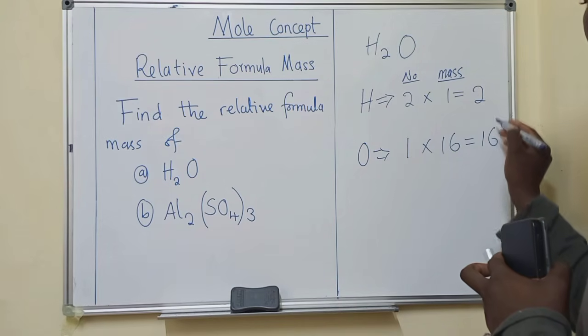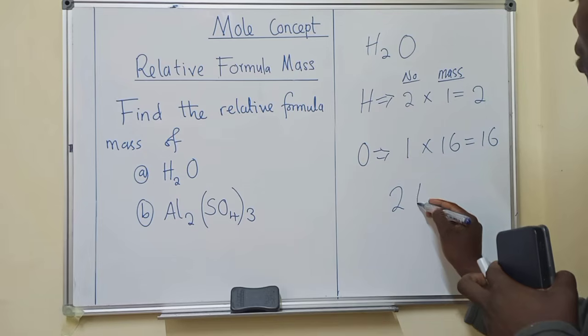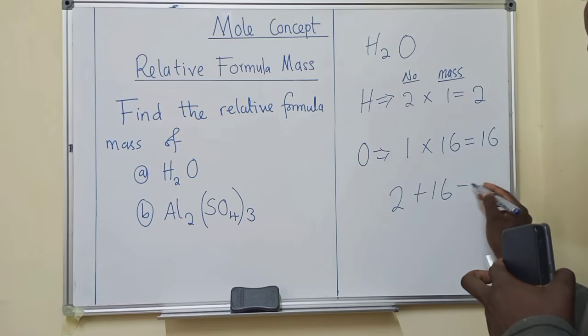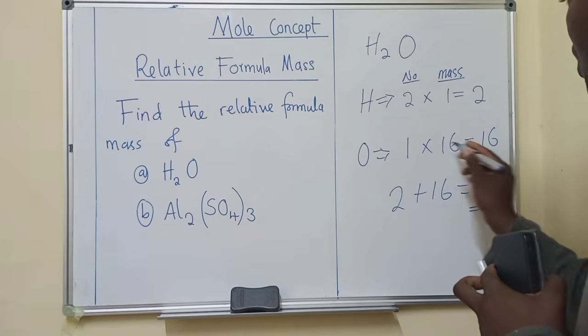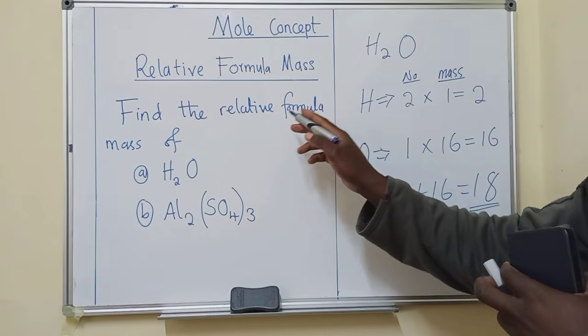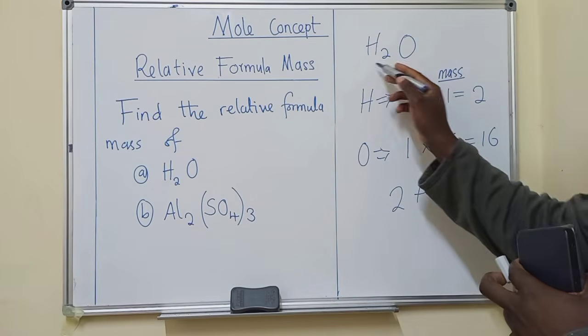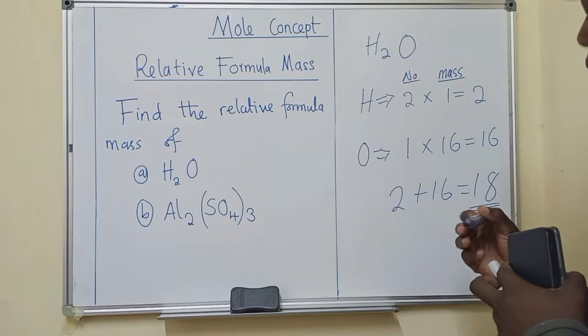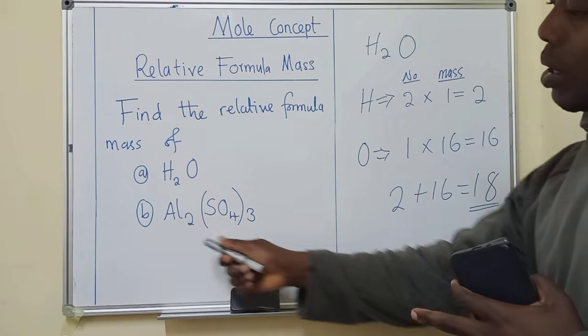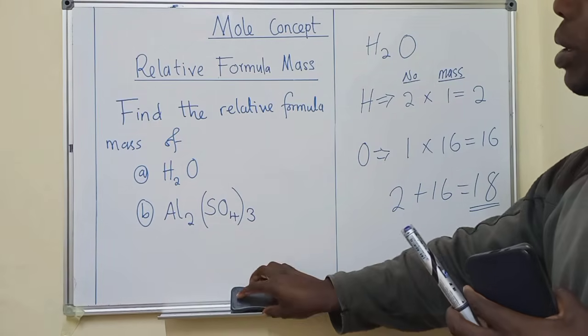So now add these numbers. 2 plus 16, what are we getting? We are getting 18. So we'll say the relative formula mass of water or H2O is 18. So we now try to answer question B.